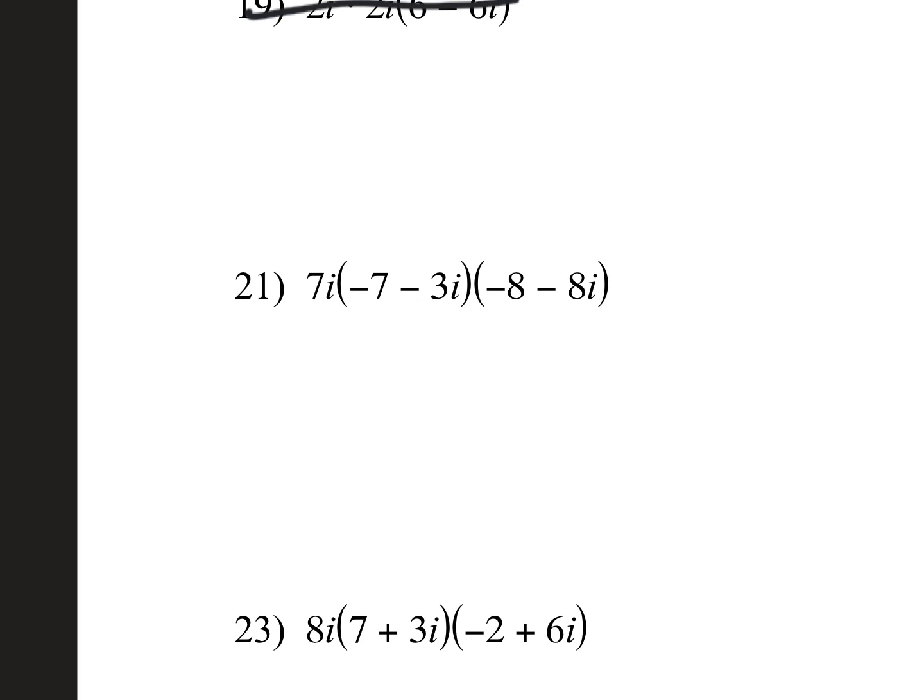Let's go ahead and FOIL first. I'm going to keep 7i out in front here. So FOIL. What's negative 7 and negative 8? 56. Negative 7 and negative 8i. Plus 56i. Negative 3i, negative 8 is plus 24i. And negative 3i, negative 8i is plus 24i squared.